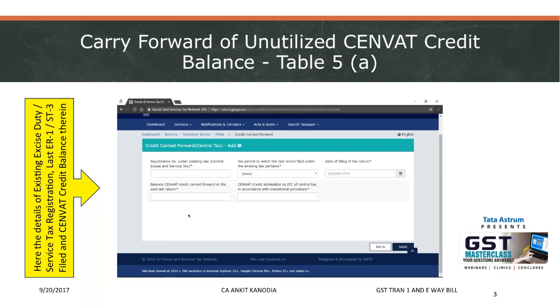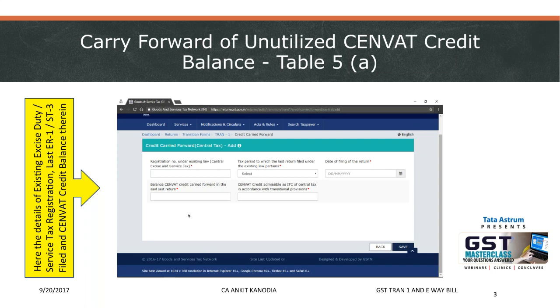Under the old regime, when EC and SHGC were done away with in 2015, the government had issued certain clarifications and circulars for people to utilize the same against their excise output liability. But there are still many situations which the government had not envisaged at that moment of time, and therefore people are still carrying forward certain balances in their EC and SHGC. So one needs to take a call.